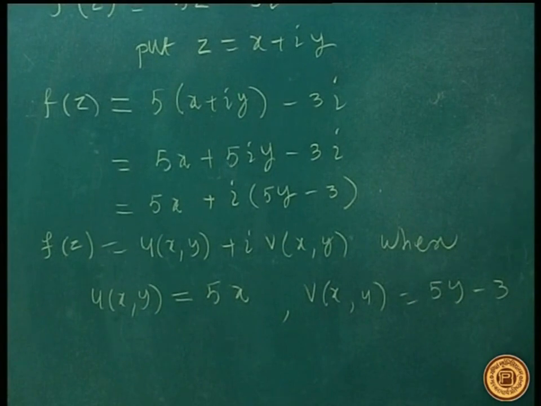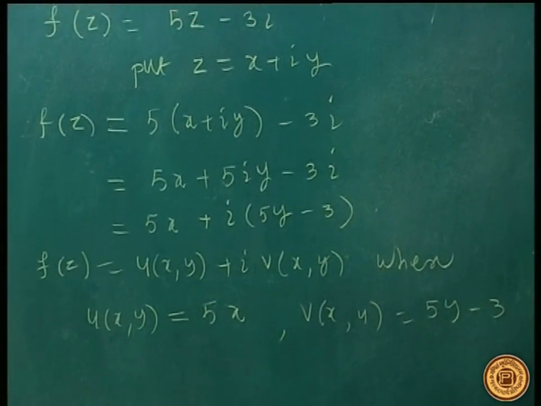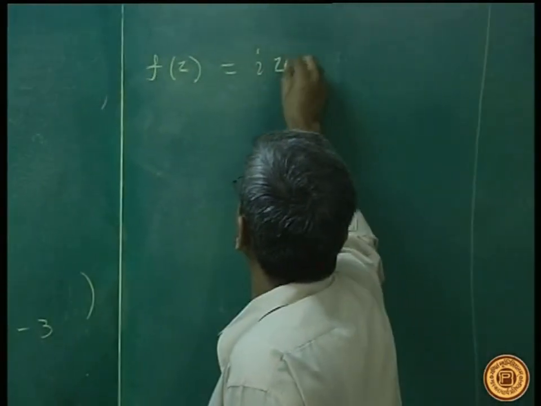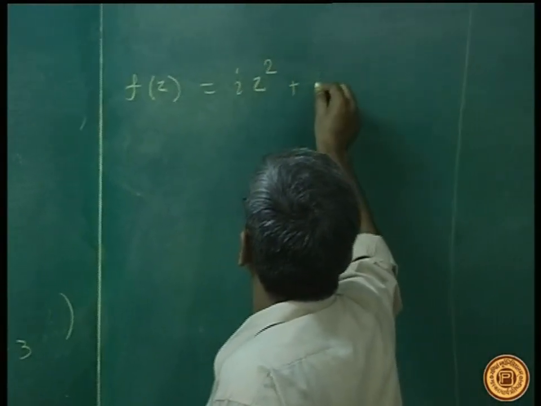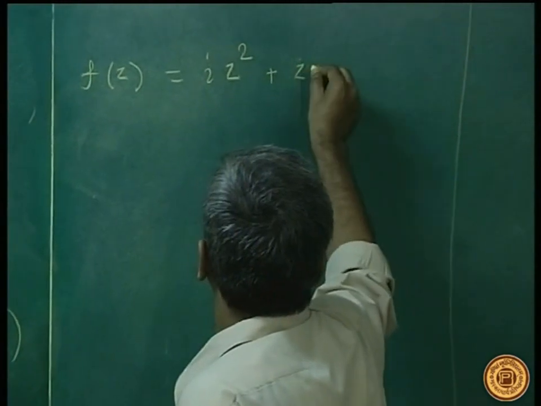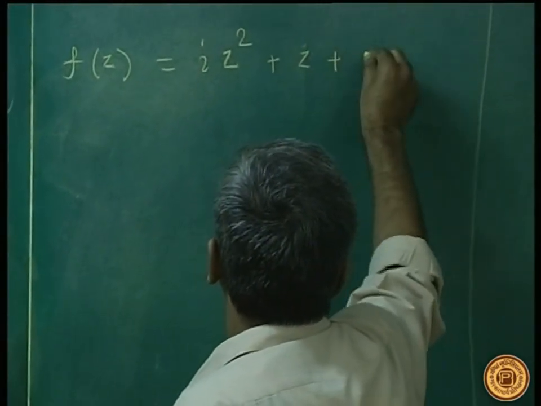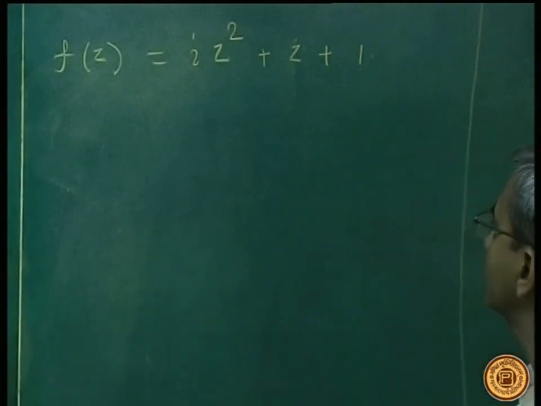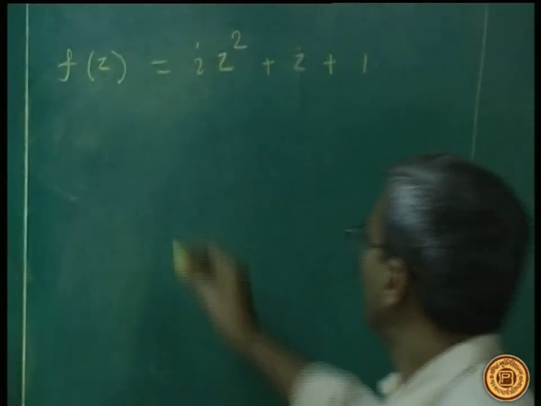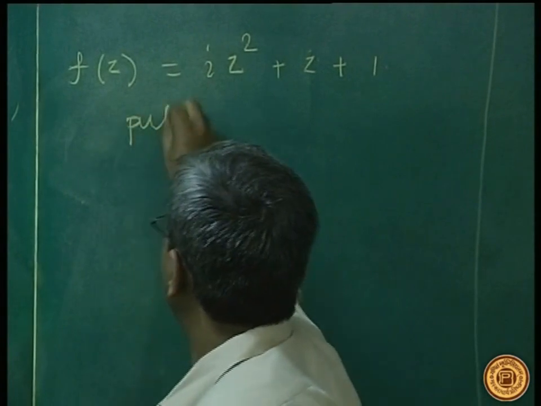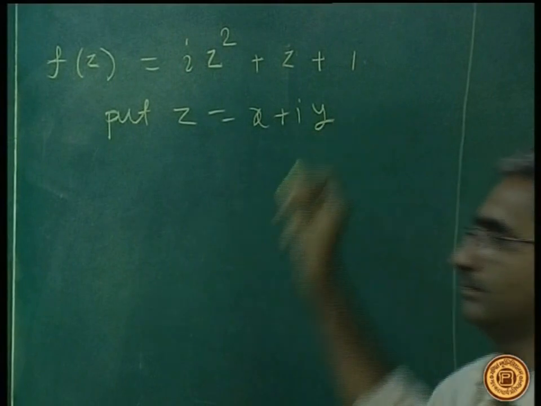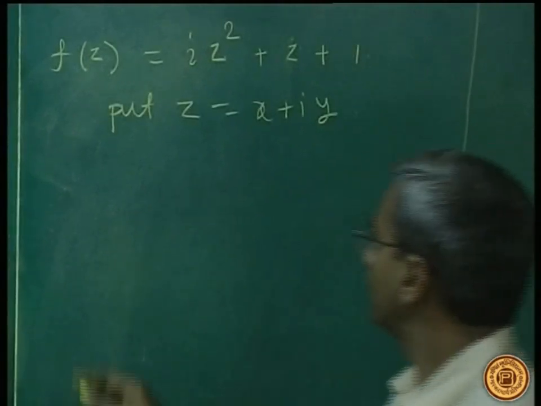Let us take one more example. Say f(z) equal to i times z square plus z plus 1. Put z equal to x plus iy. What do you get?